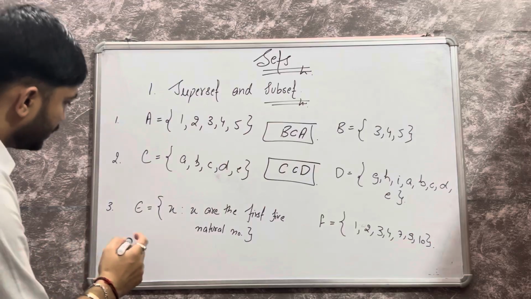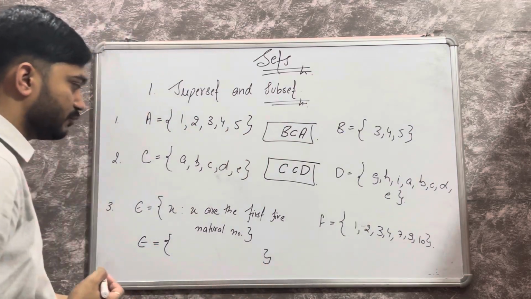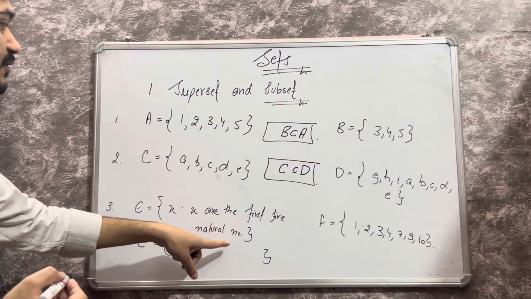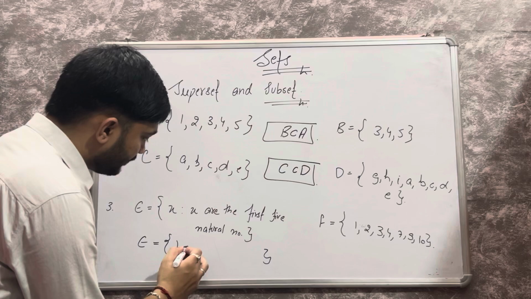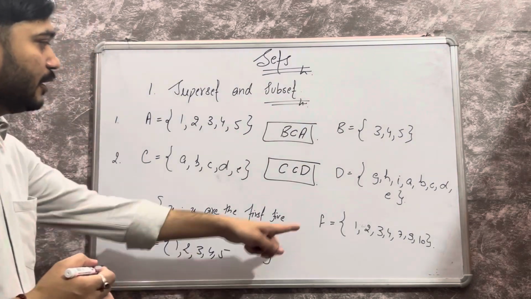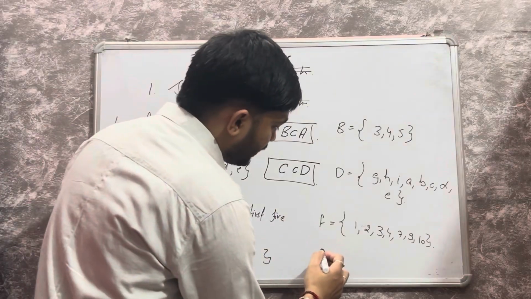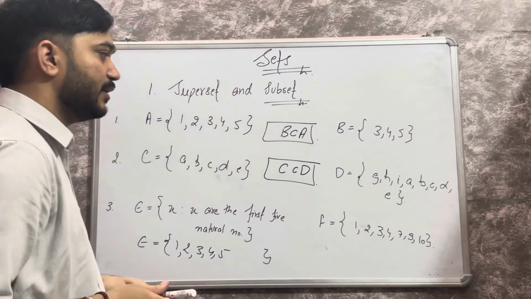Now let us look here. Here E is in set-builder form, so let us first convert it: x is the first 5 natural numbers, so write the first 5 natural numbers: 1, 2, 3, 4 and 5. Now moving forward to F. F has 1, 2, 3, 4, 7, 9, 10, 7 elements.